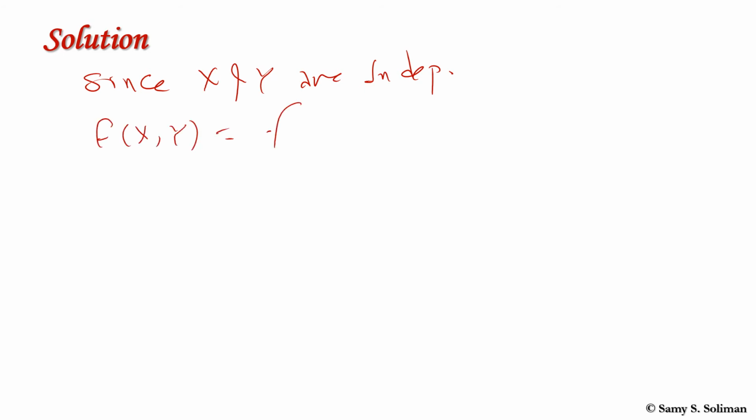So since x and y are independent, he said so, that means that f of x and y, the joint distribution, equals f of x times f of y. And of course we use the subscript x here and the subscript y here to know which PMF refers to which random variable.